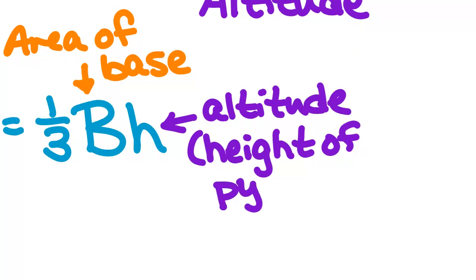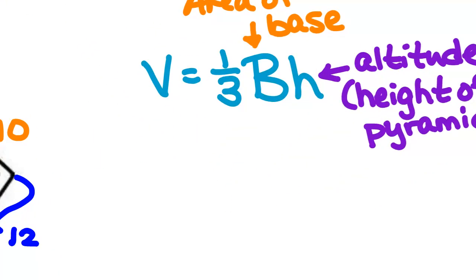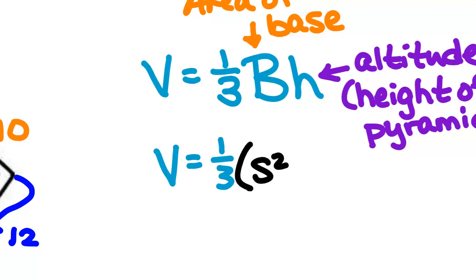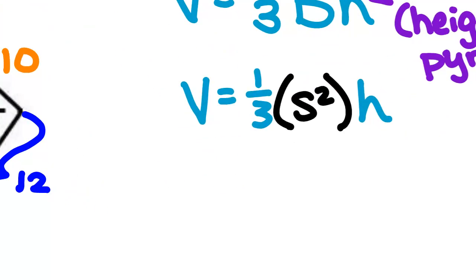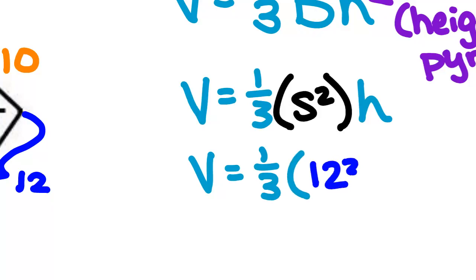No, that's the perimeter of the base. What shape is the base? A square. How do you find the area of a square? Side squared. So I would have side squared times my height. How big is the side of this square? 12. So we're going to do 12 squared, which you're right is 144.